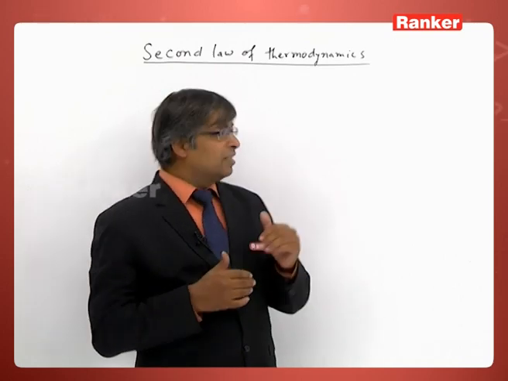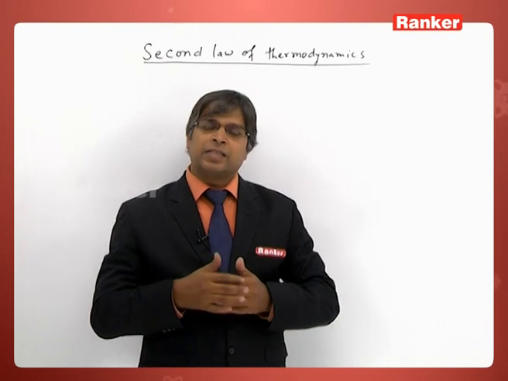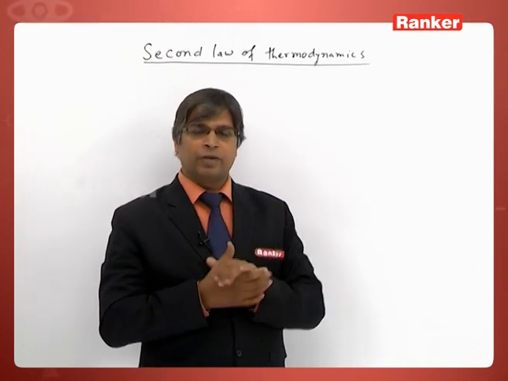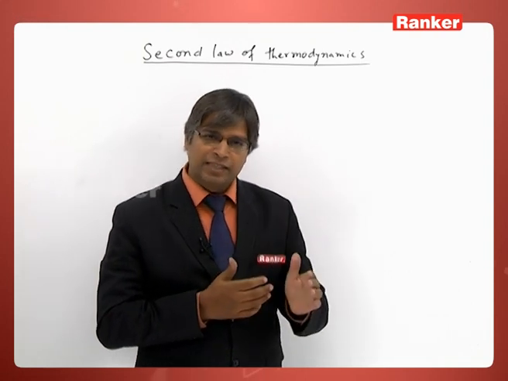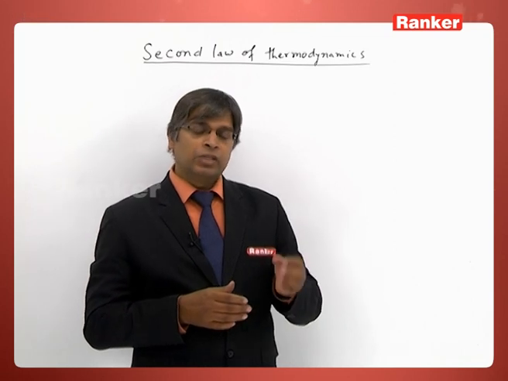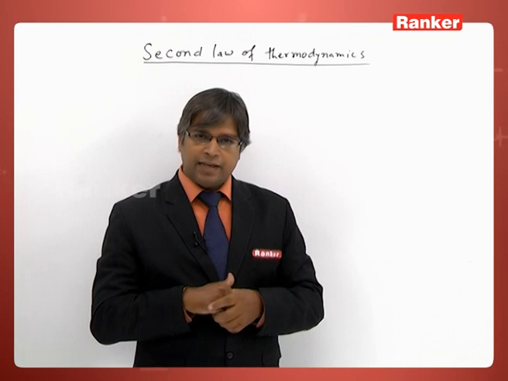So we will learn now the second law of thermodynamics in different contexts: in the language of engineering, in the language of refrigerators, in the language of engines, and finally in the language of entropy, which we will see after discussion on the Carnot cycle.